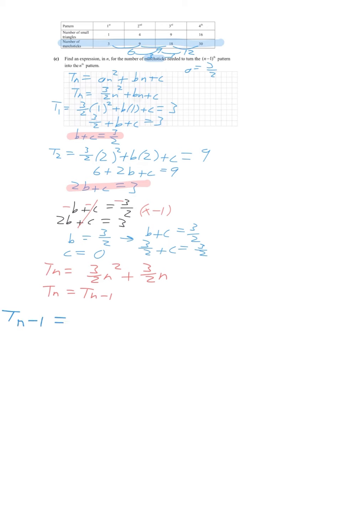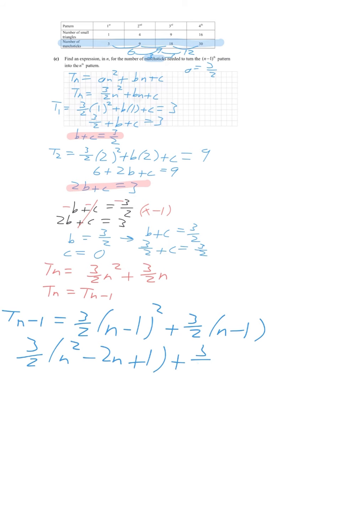Let's just replace n with n minus 1. So 3 over 2 times n minus 1 squared plus 3 over 2 times n minus 1. So 3 over 2 times n squared minus 2n plus 1, plus 3 over 2 times n minus 1.